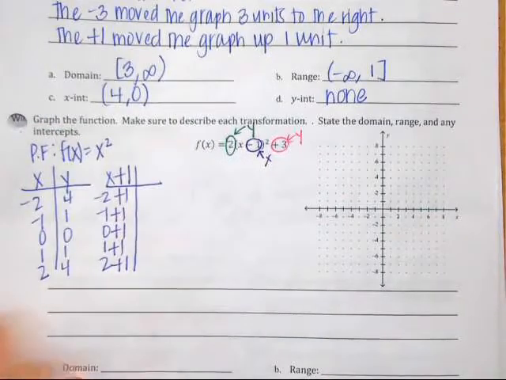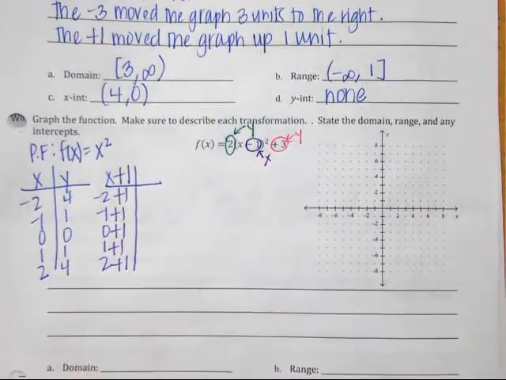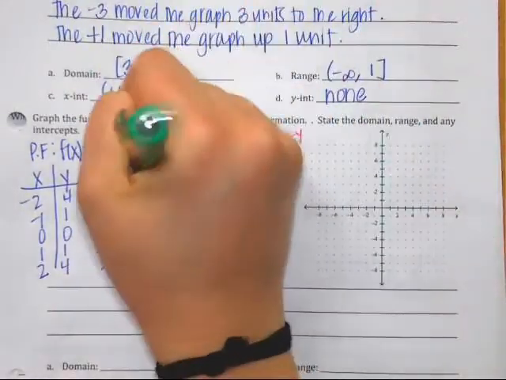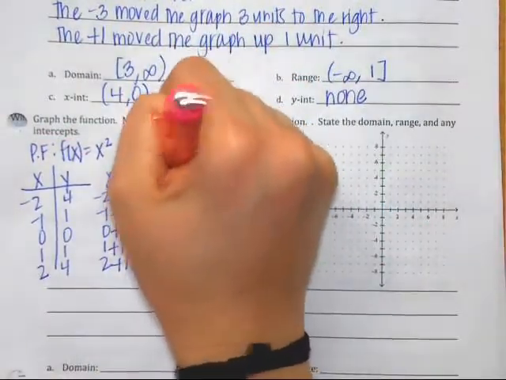Okay, now my y. There are 2 changes to the y. So this 2 is being multiplied by y. So we're going to multiply all of our y values first by 2, because we do the same operation. And then we will add 3.